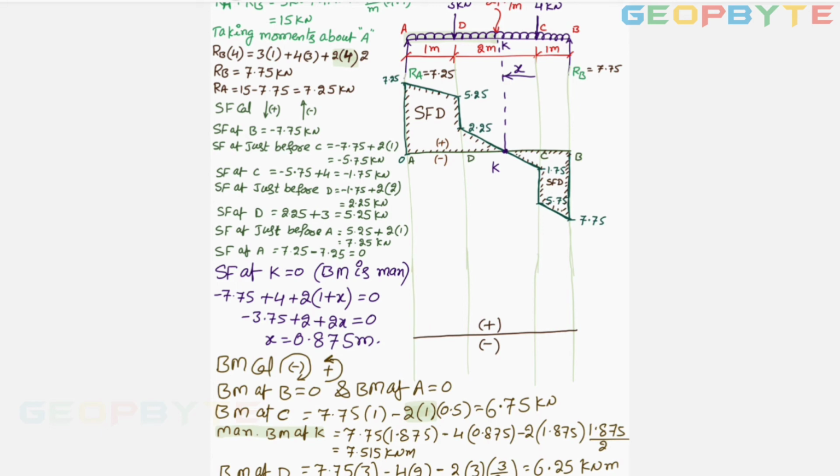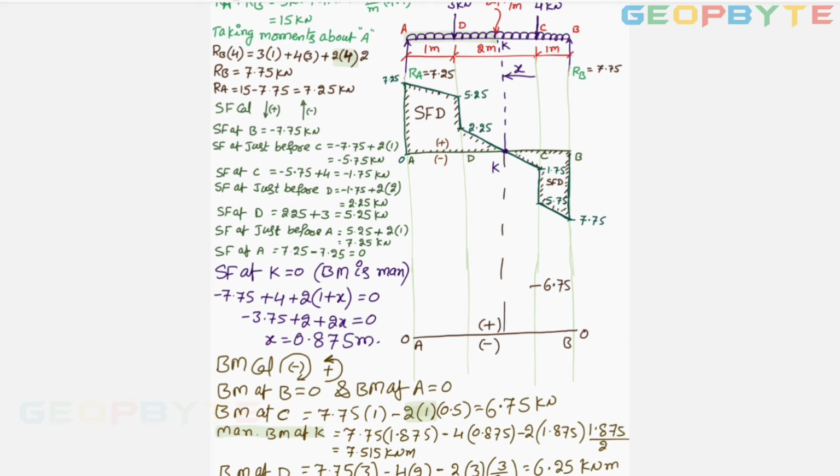This is A, this is B, where bending moments are 0. At C it is 6.75. At K also I should mark.